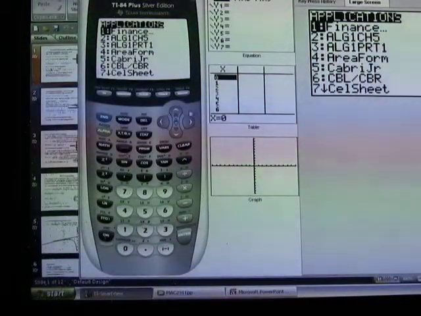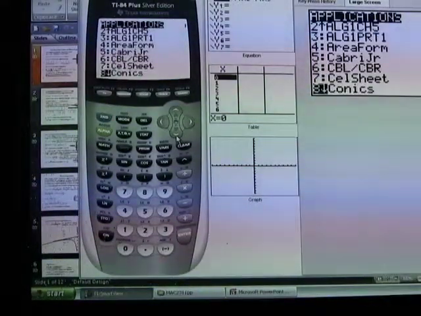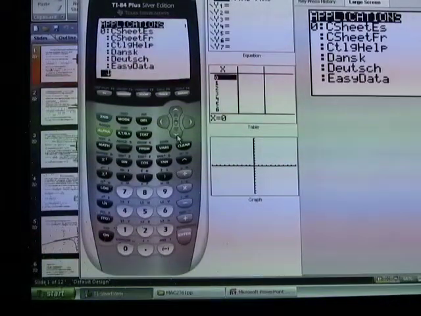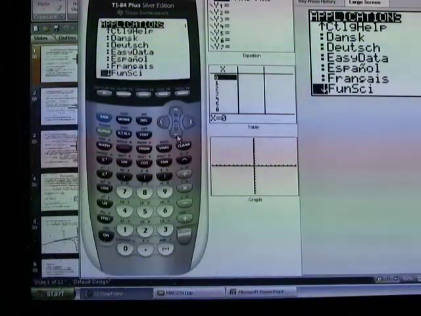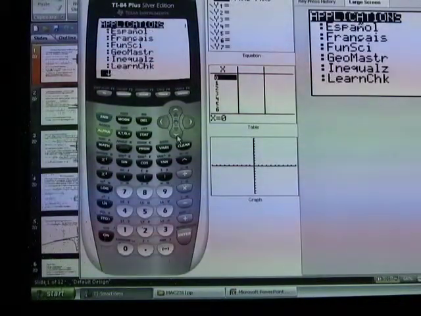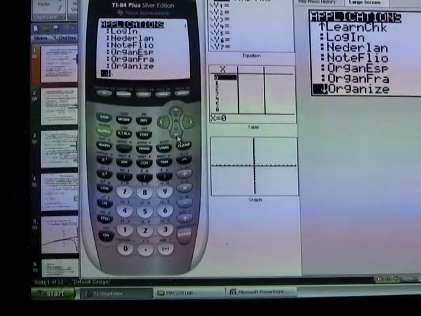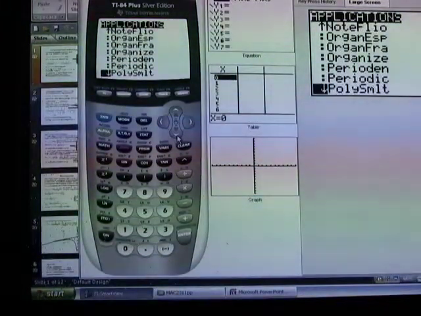I'm going to take you down, counting 1, 2, 3, and so on up to 29. You get PlySmlt. That's what we want.